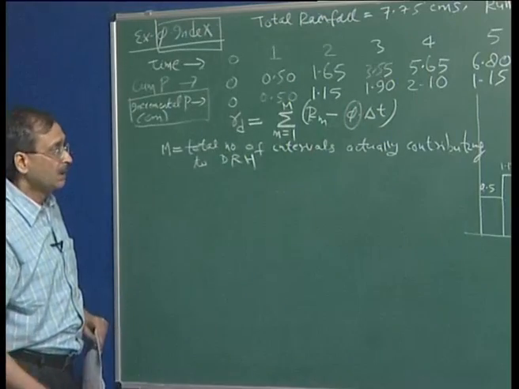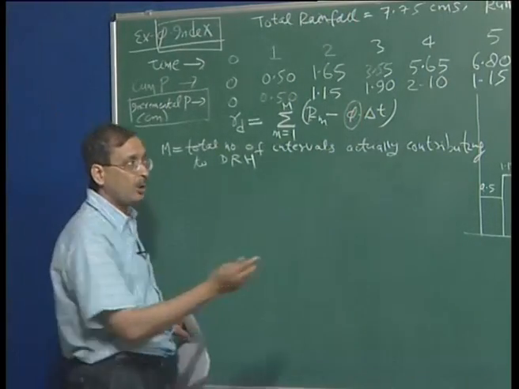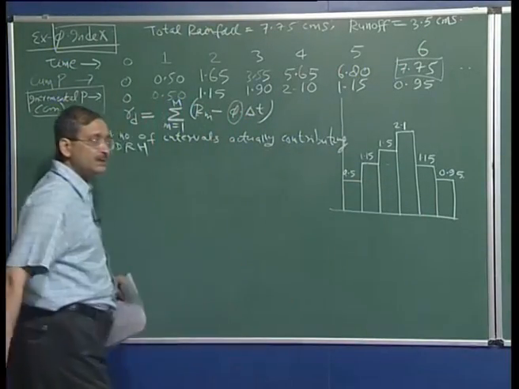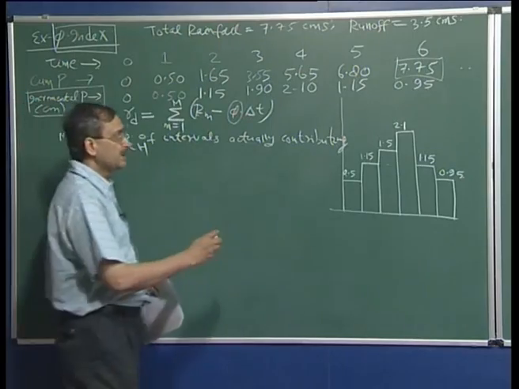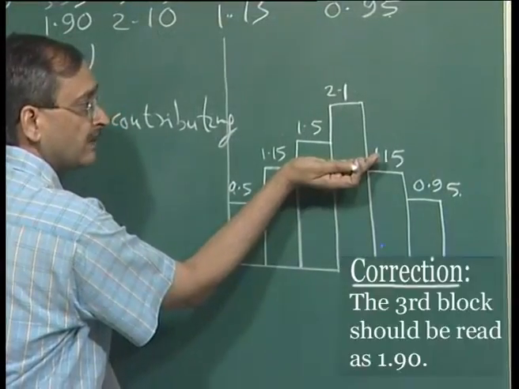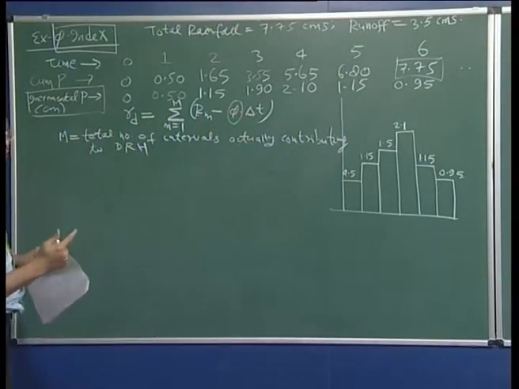So, capital M is the number of intervals on this rainfall hyetograph which are actually contributing to the direct runoff hydrograph. That is to say, if you draw a phi line here, then how many intervals are contributing? This one and this one, 2. But we do not know that.